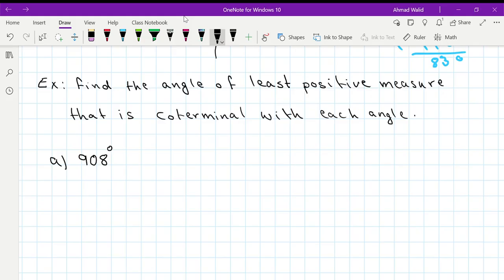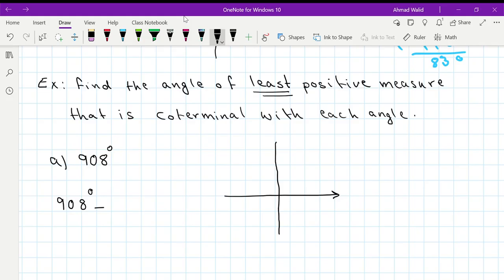Correct? What you do actually here, you want to use your 908 degree angle and subtract from this, because they are asking you least positive, the multiples of 360 as much as you can.